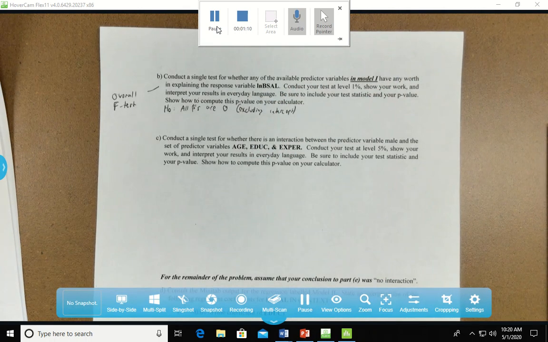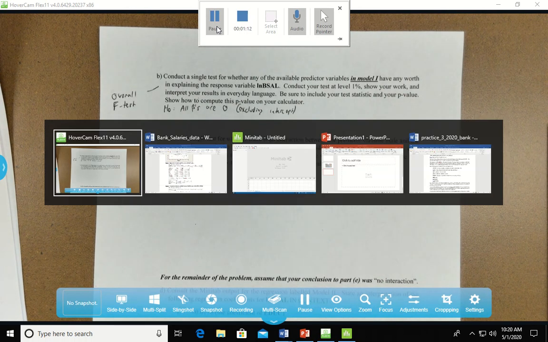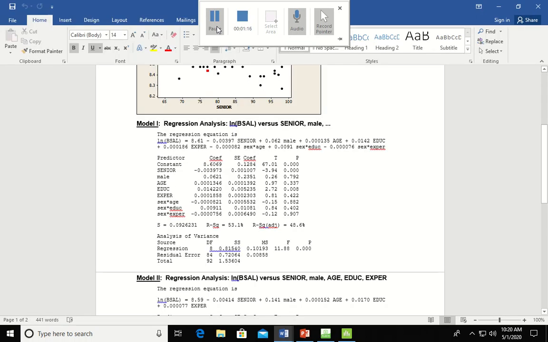If we went ahead and looked at our model on our bank salaries, you can see here in Model 1, we've got constant, senior, male, age, education, experience, sex times age, sex times education, sex times experience.